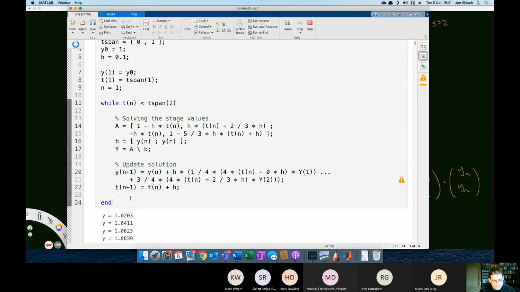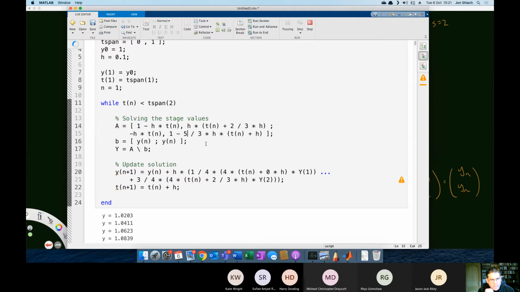So if I run that, just to check there's no errors, I'm noticing MATLAB's not running particularly fast for me at the moment. I don't know what's happening. I'm just going to see if I can pause that and stop it.